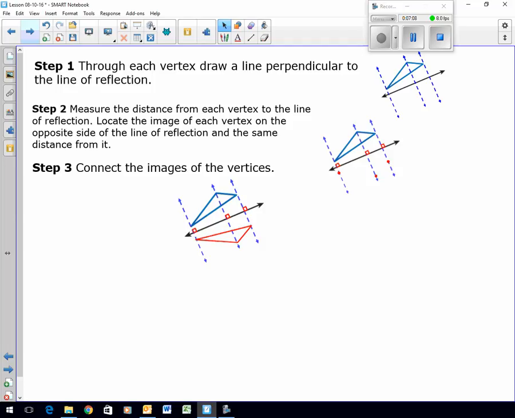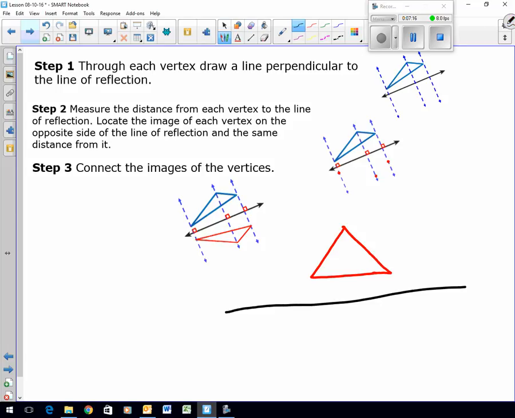Here's a fancy way of doing that. I got my triangle. Good triangle. I got my line of reflection. I draw my perpendicular lines through each vertex. Okay?